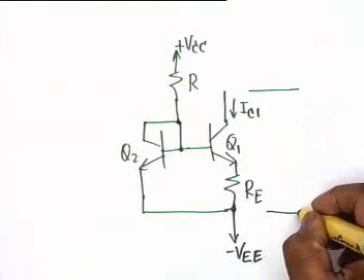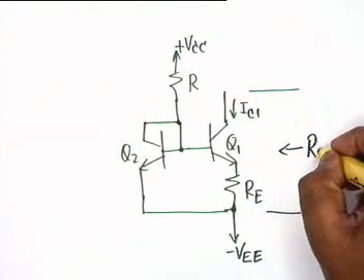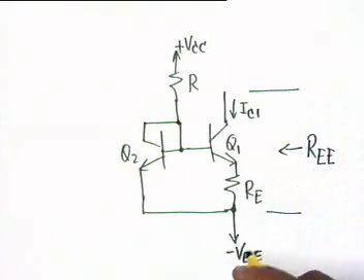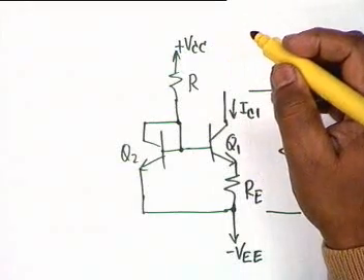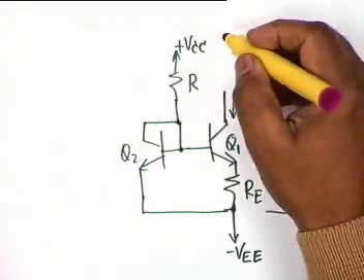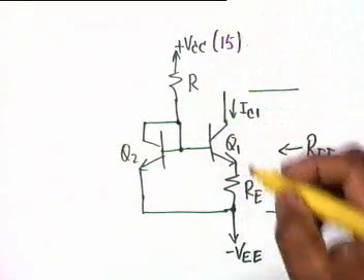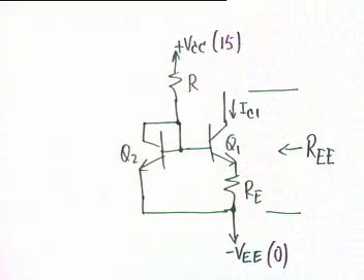Now, this transistor is Q1, and our interest was to find out the effective REE offered by this transistor current mirror. We wanted to calculate this, and in the process we had taken some numerical values, which we shall require now. VCC was taken as 15, VEE was taken as 0.